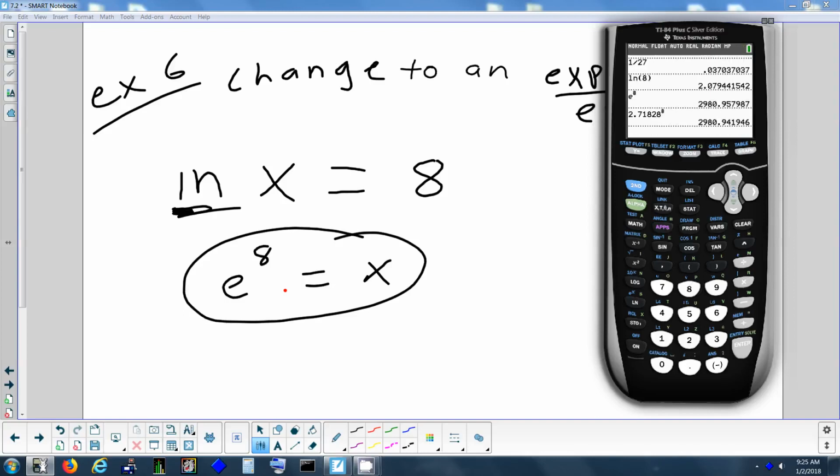Generally though, if the answer starts to get really big, they're not going to have you do it out. That's a little bit big, but if the exponent was, say, e to the 20th, that's going to be huge. You're not going to have to do out something like that. But a small one, that's how you type it in. If you can't find e on your calculator, just let me know after, and I'll come take a look.